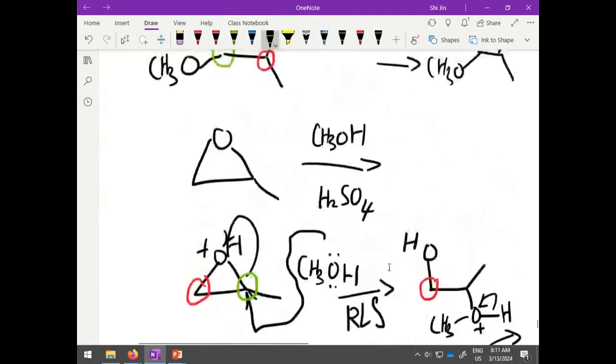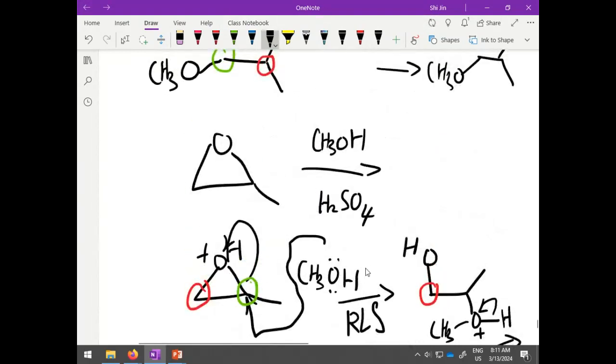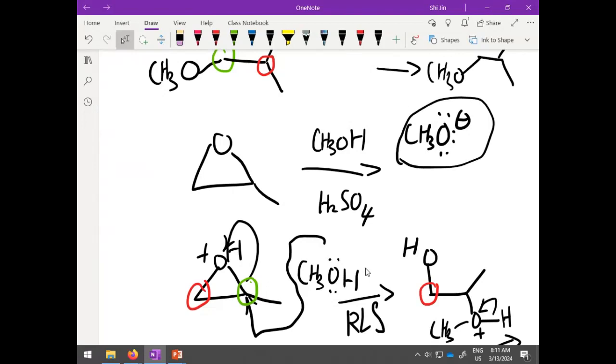So in this kind of system, it's the concentration of methoxide, okay? In this acidic system, the concentration of methoxide is exceedingly low. So you can forget about the product produced by methoxide ion acting as a nucleophile.